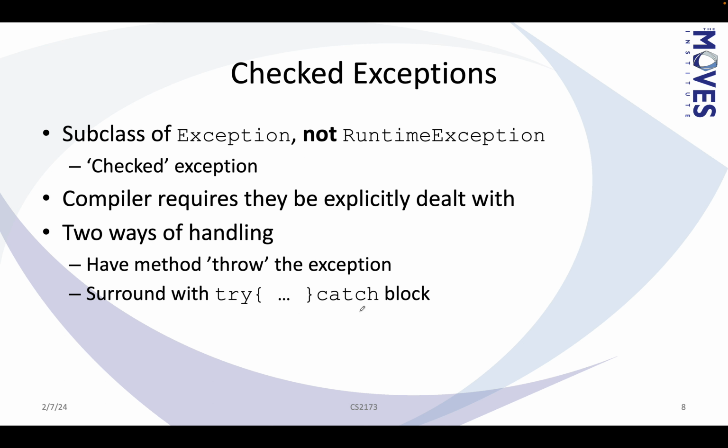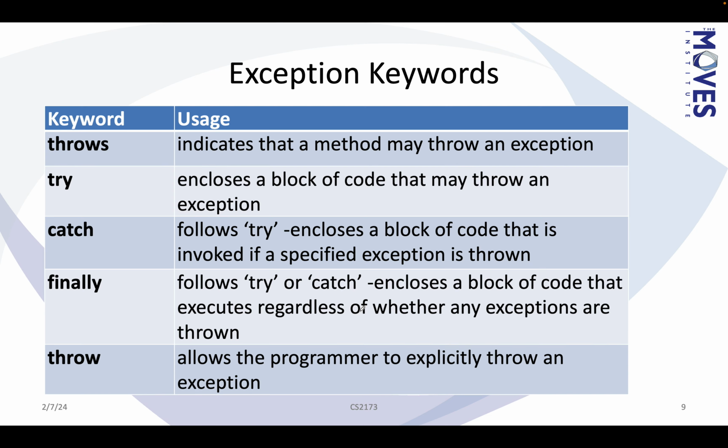It says, hey, this thing's going to happen, and I'm going to make somebody else deal with it. Or I'm going to surround it with a try-catch block. So the keyword throws indicates that a method may throw an exception, and we'll see how to define that. NetBeans can actually help us with all of these.